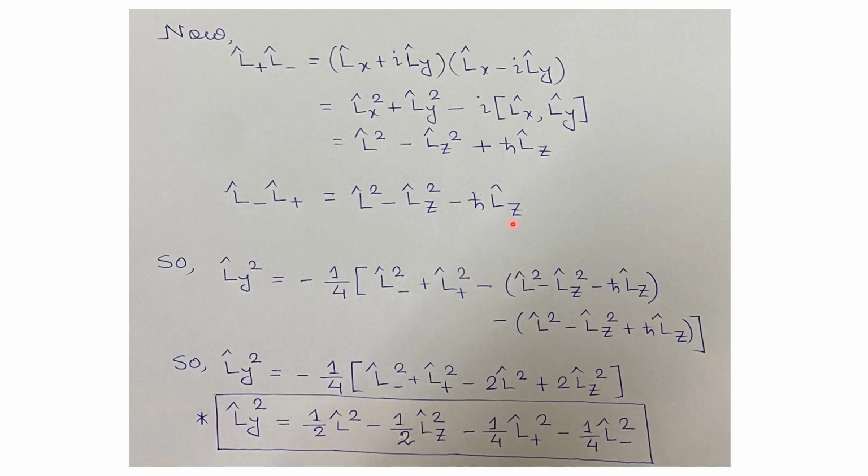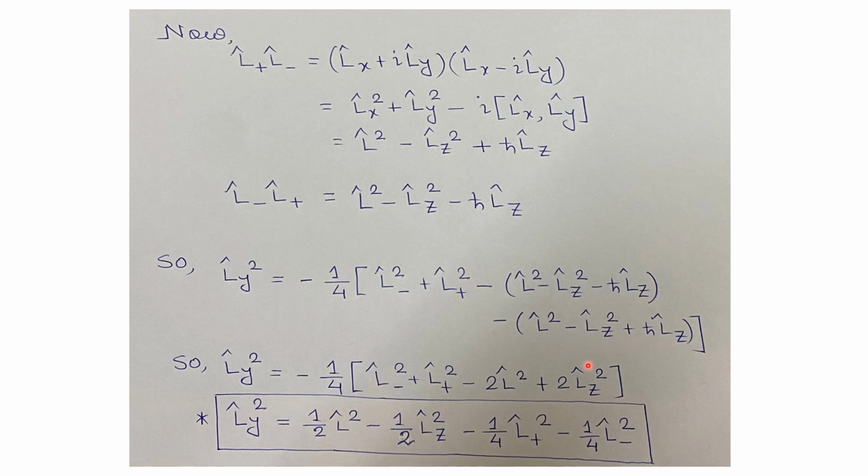Similarly, we can find this thing: L minus L plus equals L squared minus Lz squared minus ħ Lz. So essentially after putting this in the main expression of Ly squared, that is minus 1/4 times (L minus squared plus L plus squared minus this L minus L plus, that is L squared minus Lz squared minus ħ Lz, minus L plus L minus, that is L squared minus Lz squared plus ħ Lz).